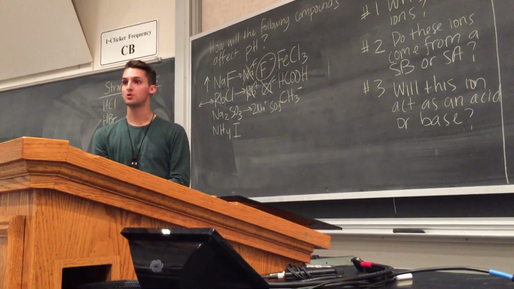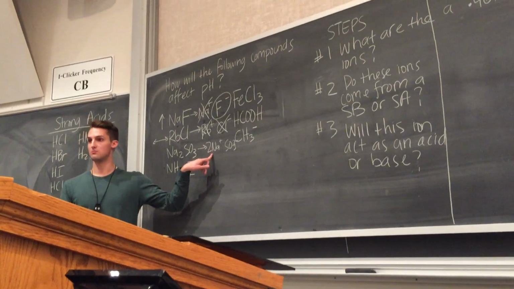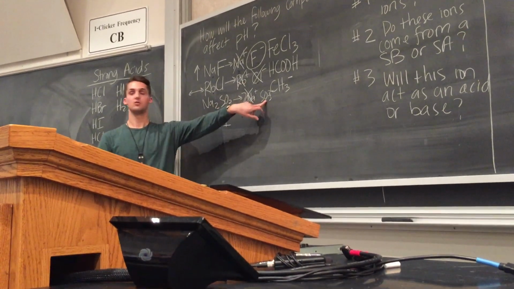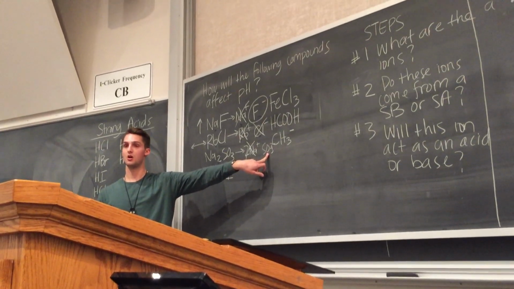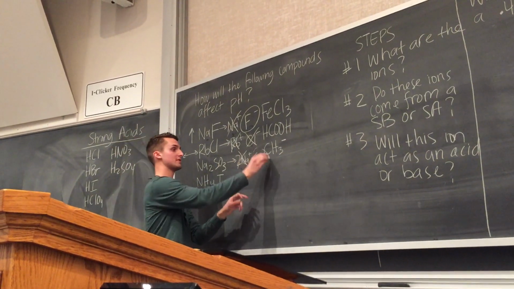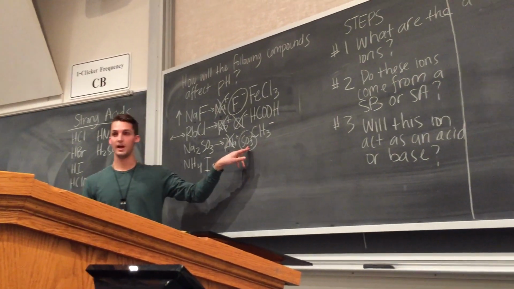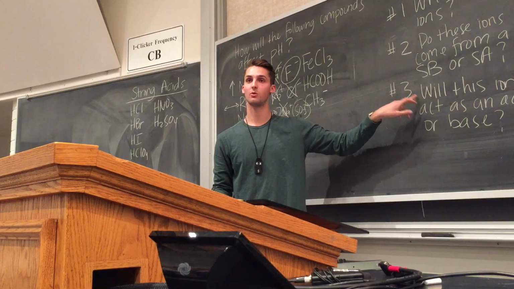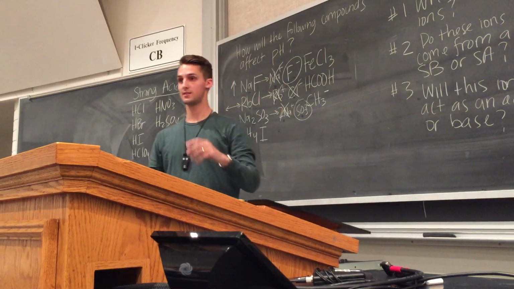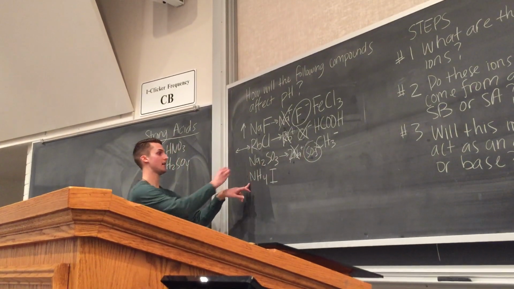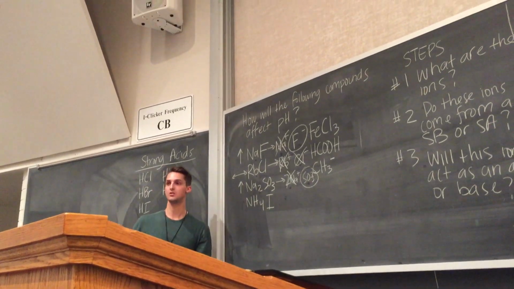Do these come from a strong base or a strong acid? Sodium, yes. Not going to affect the pH. Sulfite, no. Is it going to affect the pH? Yes. Okay. So this is going to affect the pH. And now we go back to this rule. Will this ion act as a base or will it act as an acid? It's going to act as a base. Okay. So this one again will raise the pH.